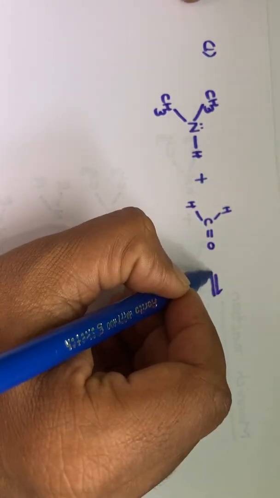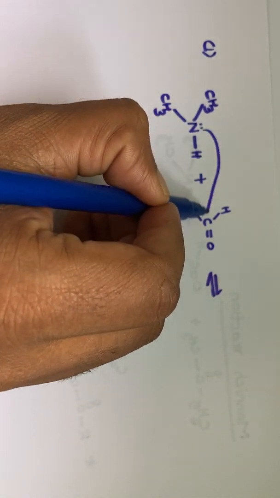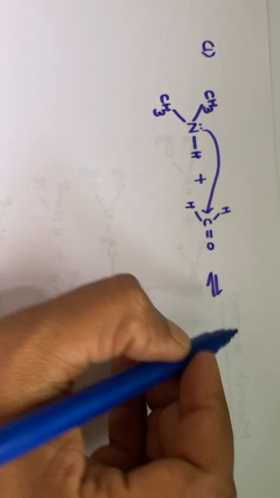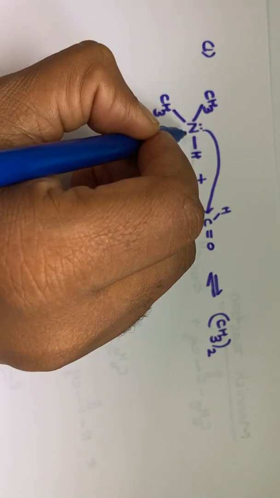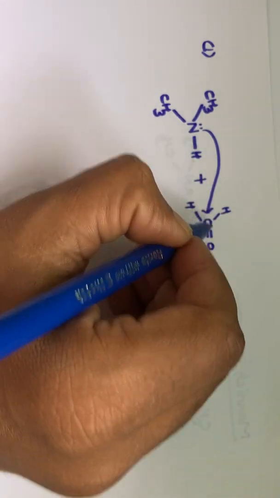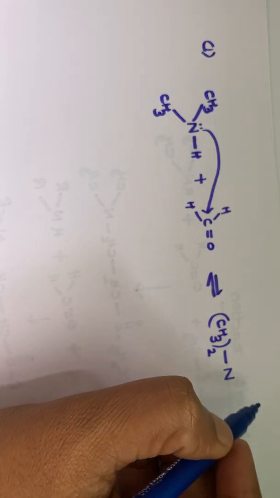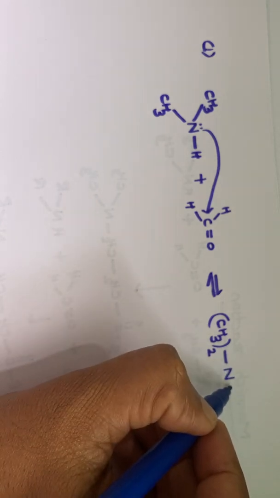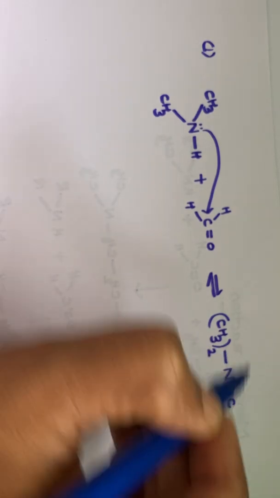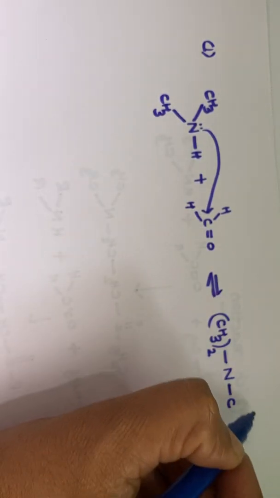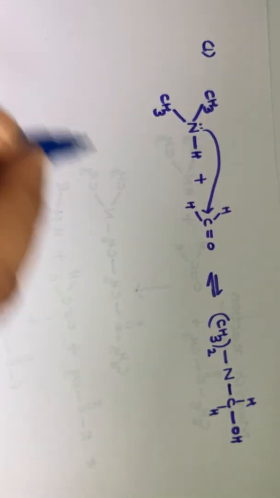First, reaction between the formaldehyde and the amine molecule takes place. This nitrogen contains a lone pair of electrons, it attacks this carbon. CH3 twice is what I will write. Nitrogen carbon bond, N, C, this carbon, HH, OH.